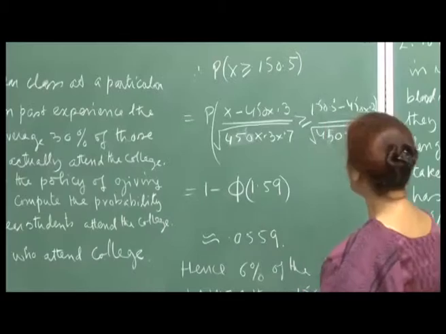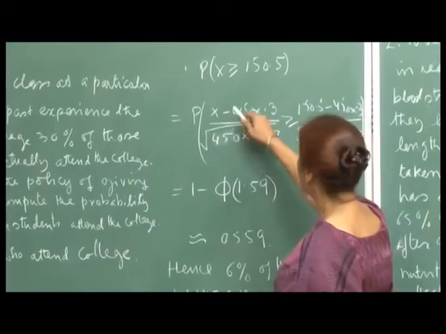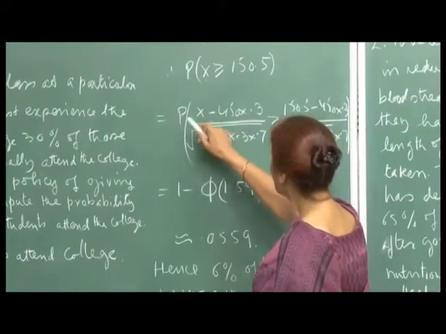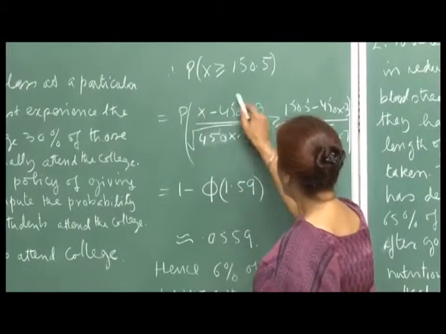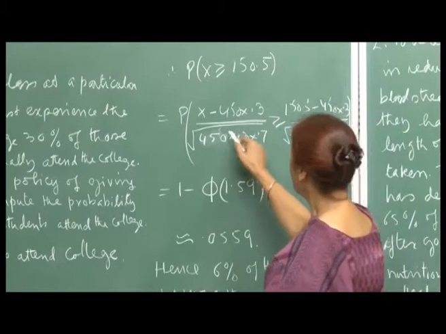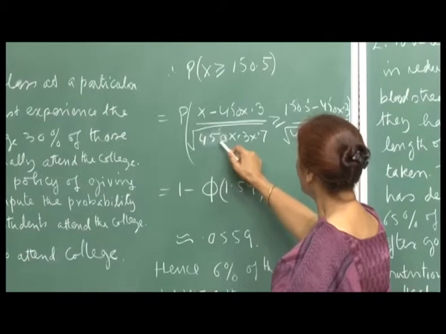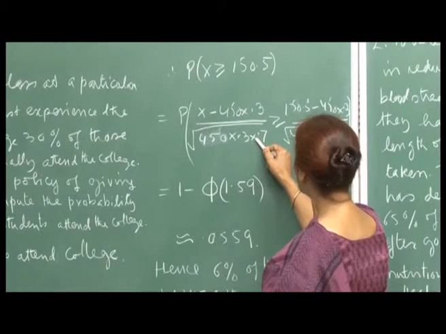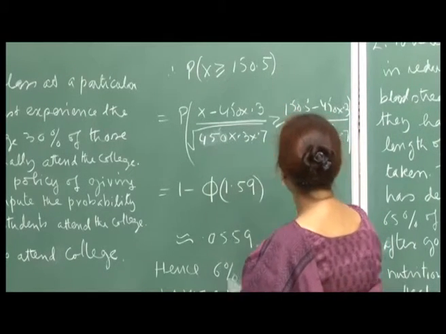So, we just standardize this variate, and subtract np, which is 450 into 0.3, and then divide by the square root of npq. So, 450 into 0.3 into 0.7, and do this to the right hand side also.